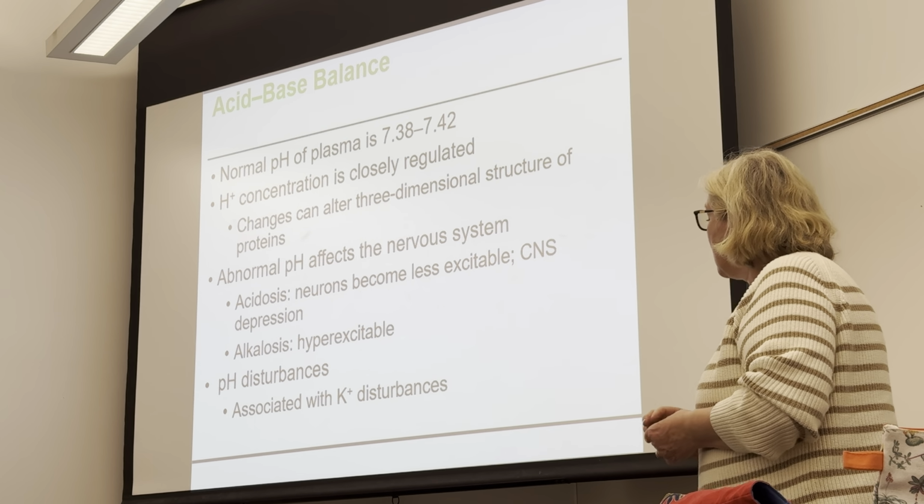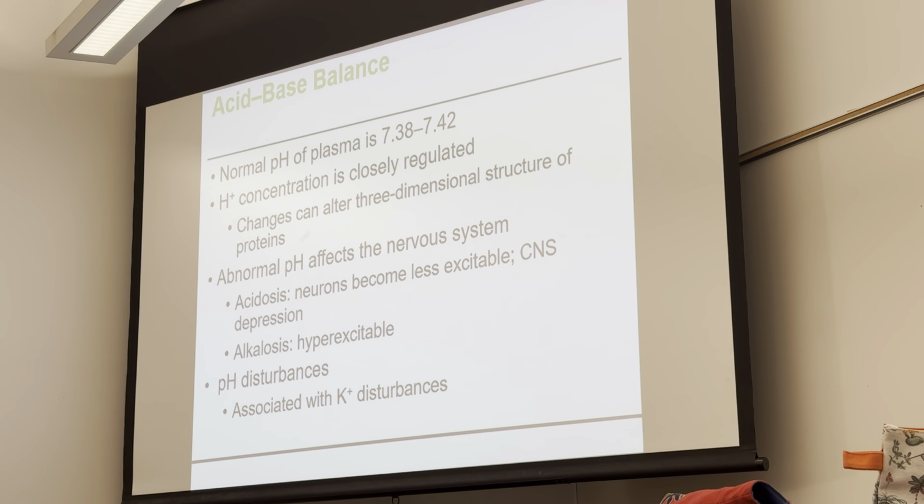Many metabolic reactions in our body require enzymes, and enzymes are proteins by structure, and proteins are very sensitive to pH. Their function depends on their 3D structure, and if the pH is wrong, the 3D structure of the protein could be compromised, and therefore they're not functional.